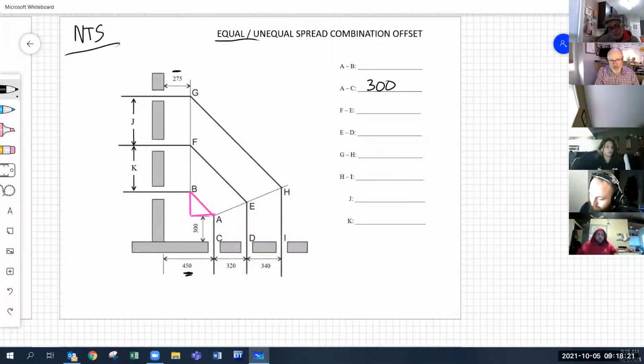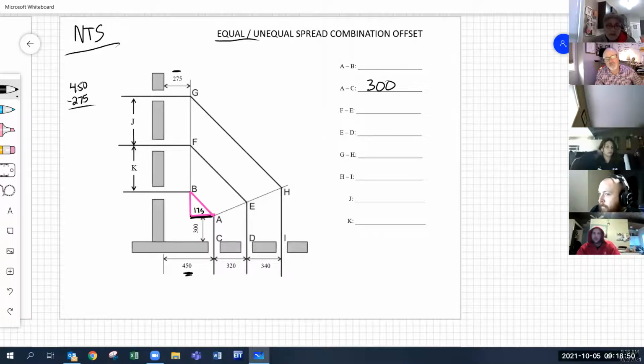So if I minus those off, I am going to get this run right in here. So 450 minus 275 equals 175. So this is 175, this run right in here.